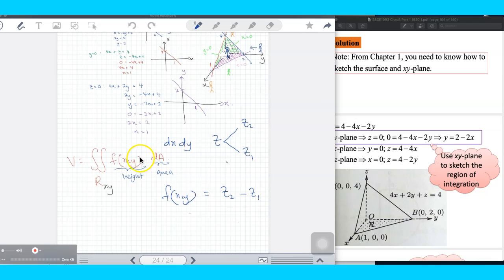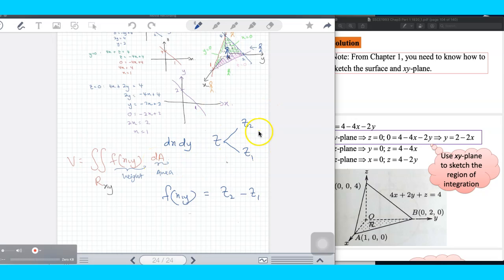Understand? Okay, I repeat, the first thing that you have to determine is the integrand. But before you decide on the integrand, you have to determine where your region is lying. Now we said that the region is lying on the XY plane. So it is clear your function should be only in terms of XY, and your order of integration also only belongs to X and Y, so no Z. But when can we use the Z?